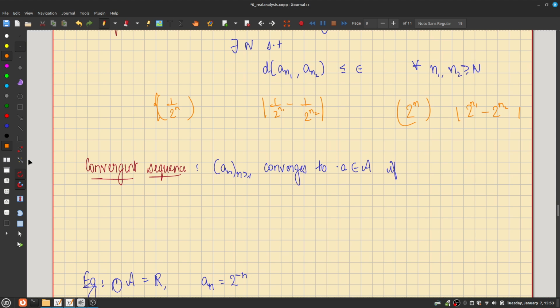Boundedness is weaker than convergence. You can have bounded sequences which don't converge. The question was: if it is convergent for a particular metric, will it be convergent for other metrics?